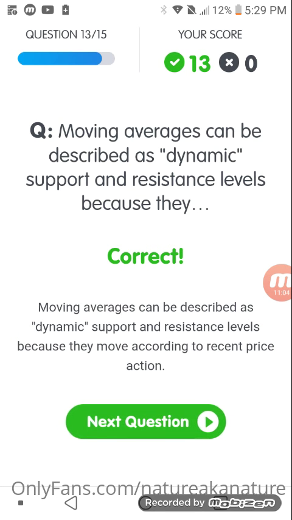This is how we are able to keep up with price action in the market, because the market zigzags. That's why they created the moving average: it's a line that keeps up with the market, which is constantly zigzagging up and down and sideways.